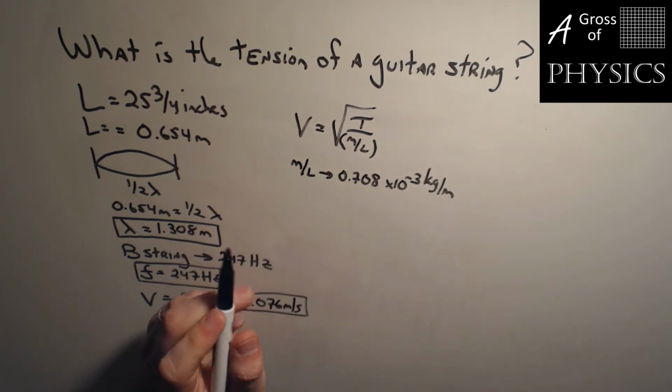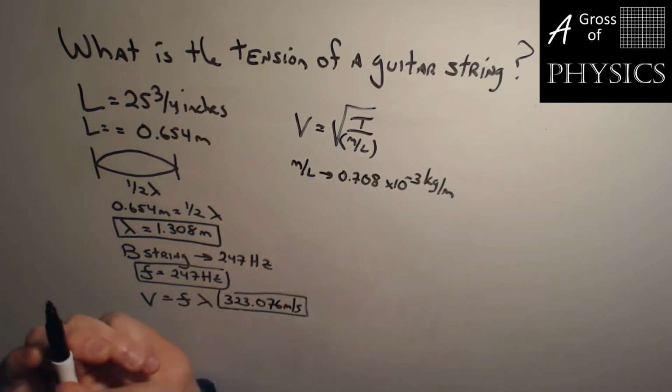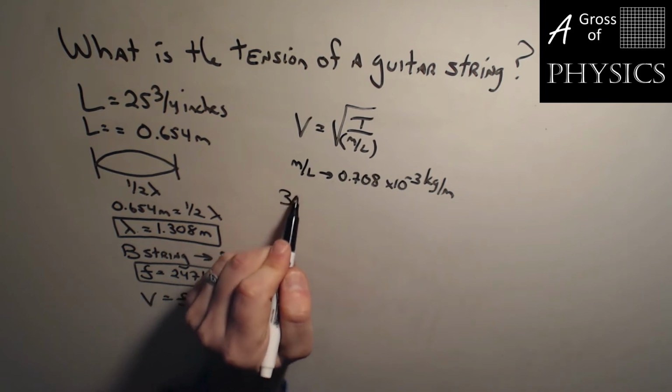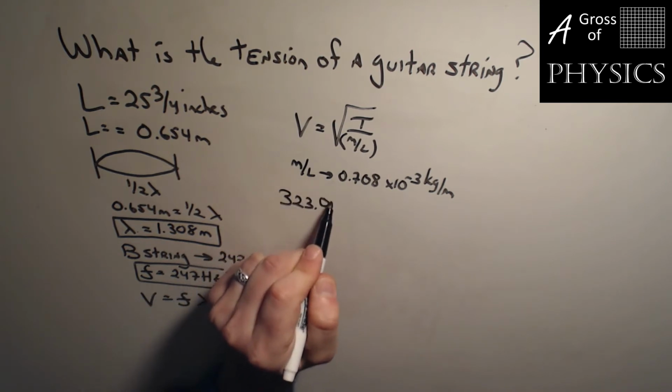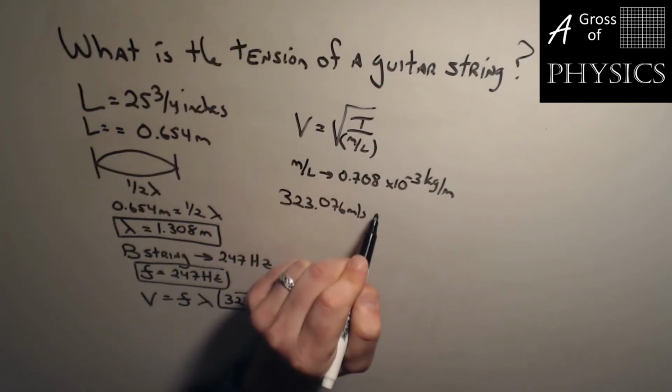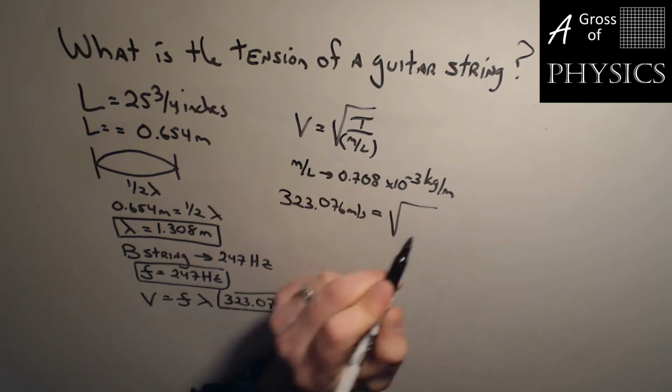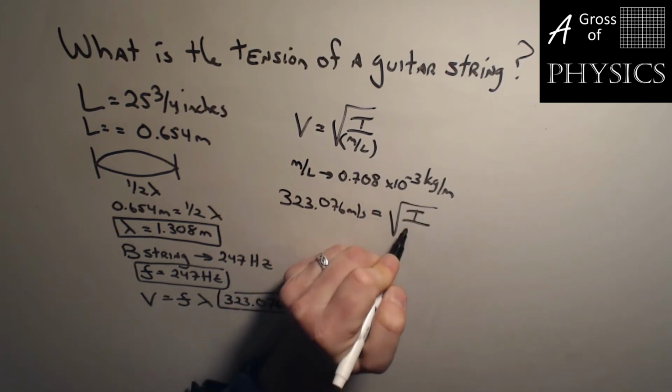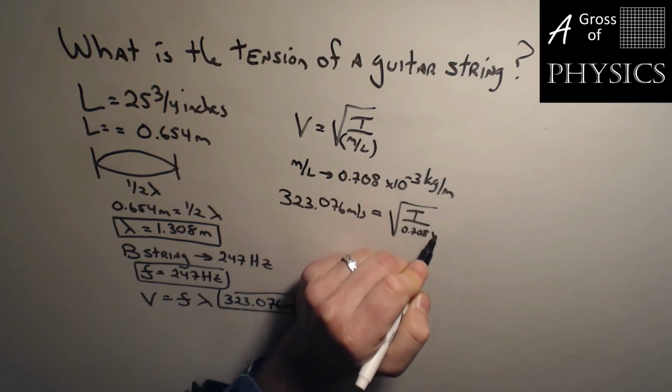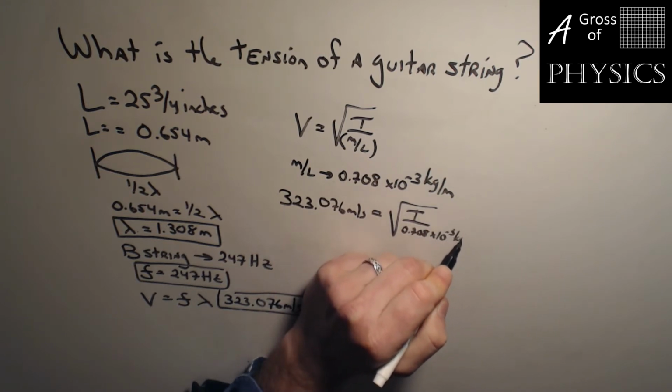They gave us the standard unit, so we don't have to convert that. So 323.076 meters per second equals the square root of T over 0.708 times 10 to the negative 3 kilograms per meter.